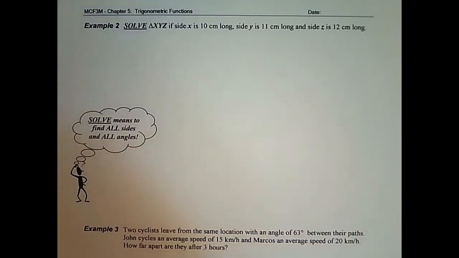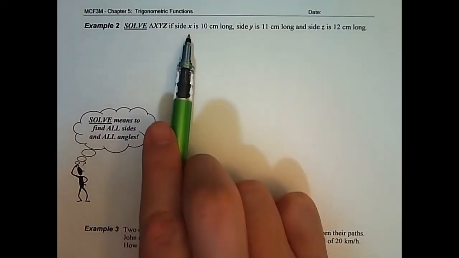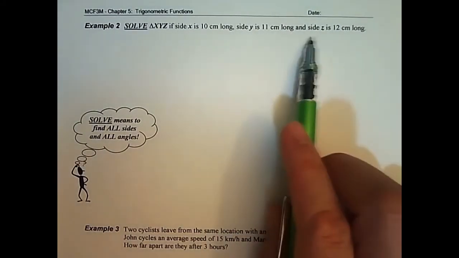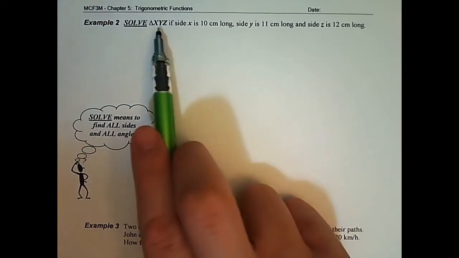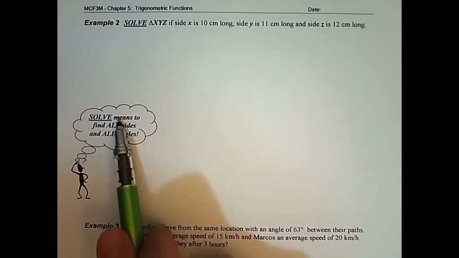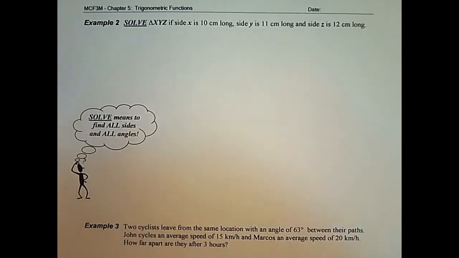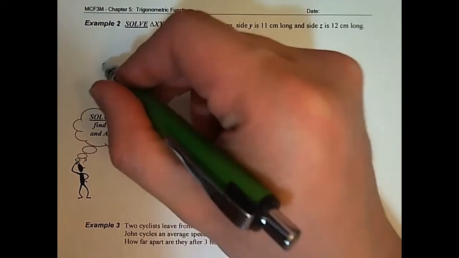All right, example 2 says solve triangle x, y, and z if side x is 10 centimeters long, side y is 11 centimeters long, and side z is 12 centimeters long. So if the question says to solve the triangle, solve means find all the sides and all the angles. And if you're like, that's a lot of work, it's not a small amount of work, so you're right. But you'll have to do it anyway. So let's just draw a triangle for x, y, and z.